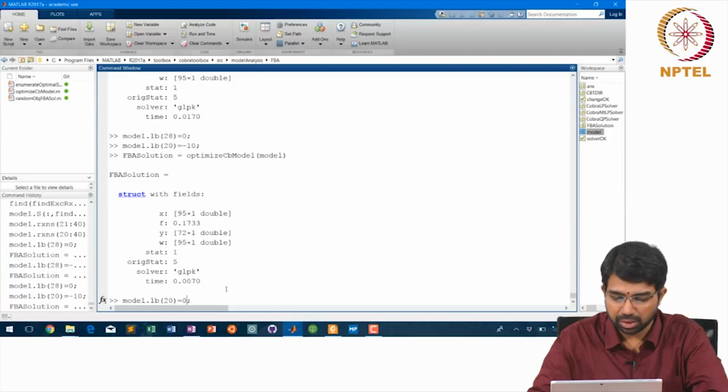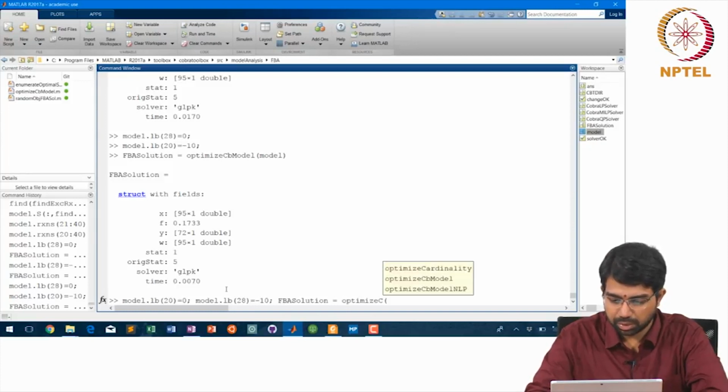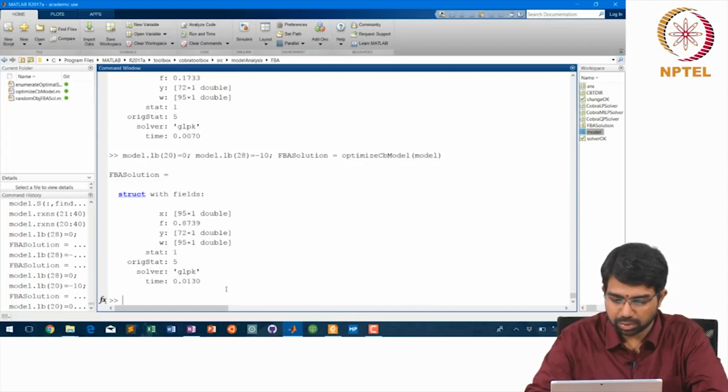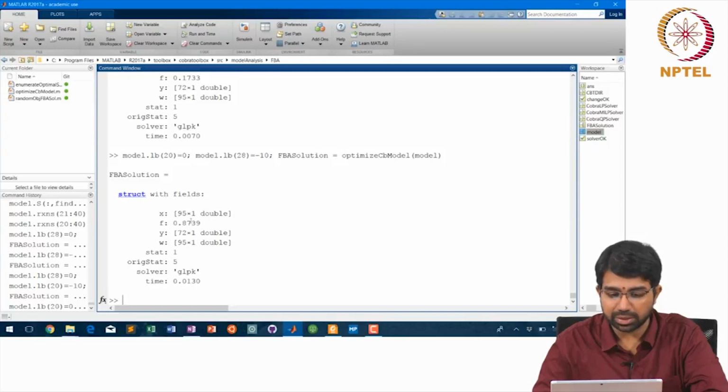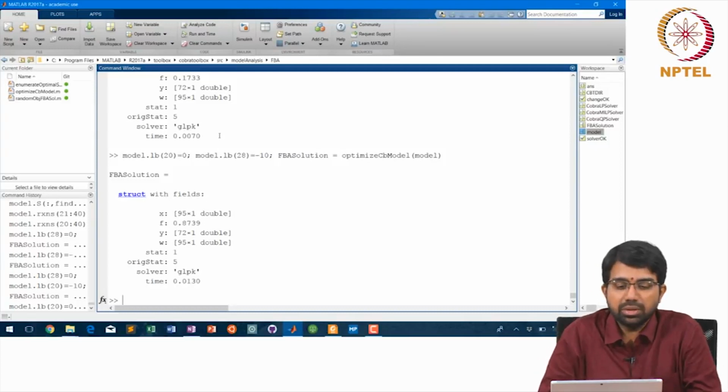0.8739, right. We can check that again: model.lb(28) = -10, FBAsolution = optimizeCbModel(model). Yeah, so 0.8739 versus 0.1733.